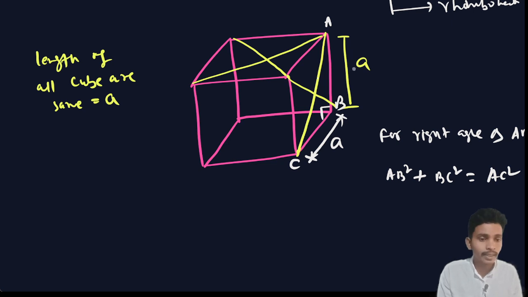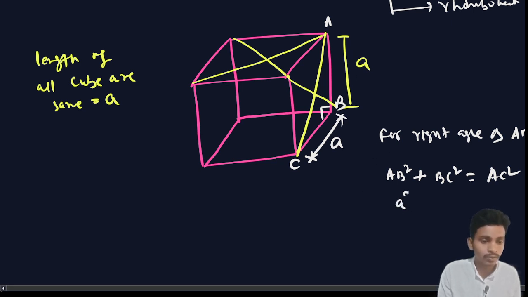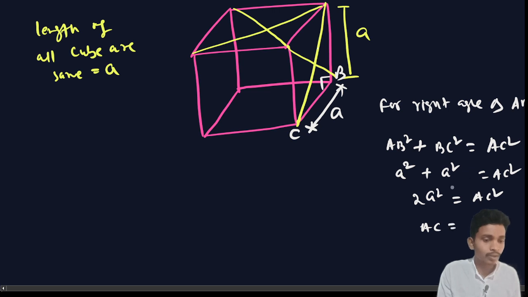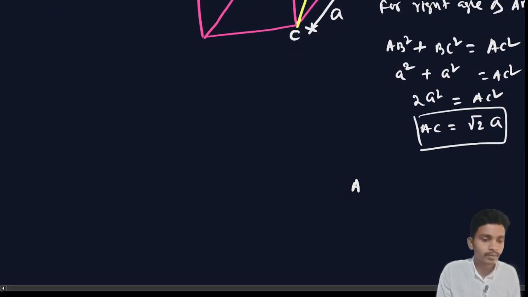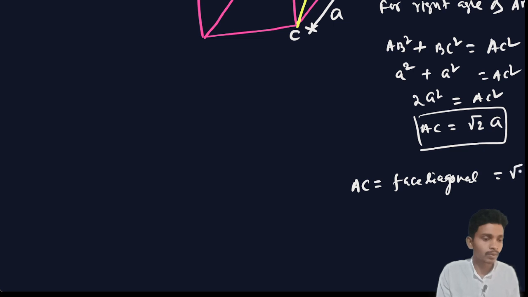So AC becomes root 2 A, and this AC is the base diagonal, equal to root 2 A.